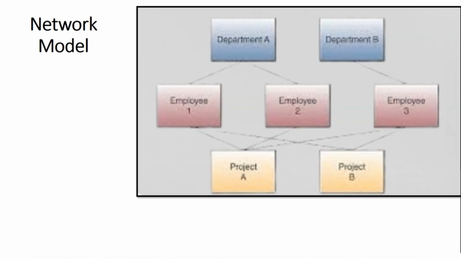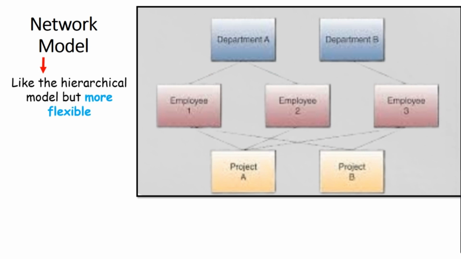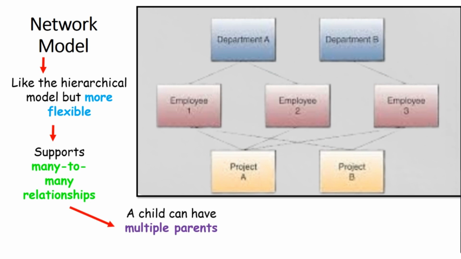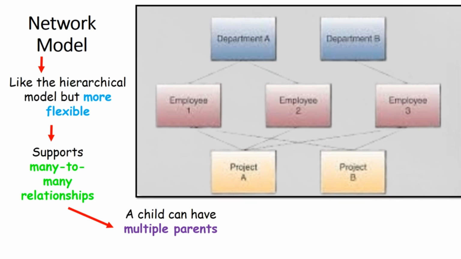Next we have the network model. A network model is similar to the hierarchical model but more flexible. It supports many-to-many relationships. A child can have multiple parents and data is organized as a graph. Let's try to understand this image.